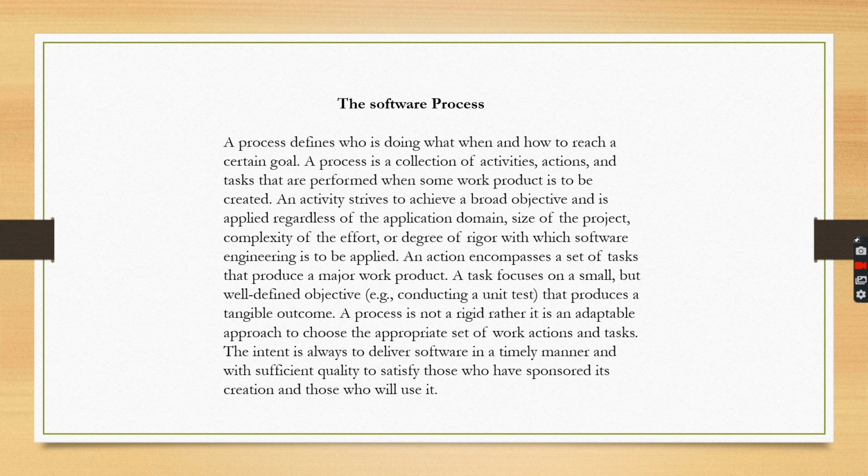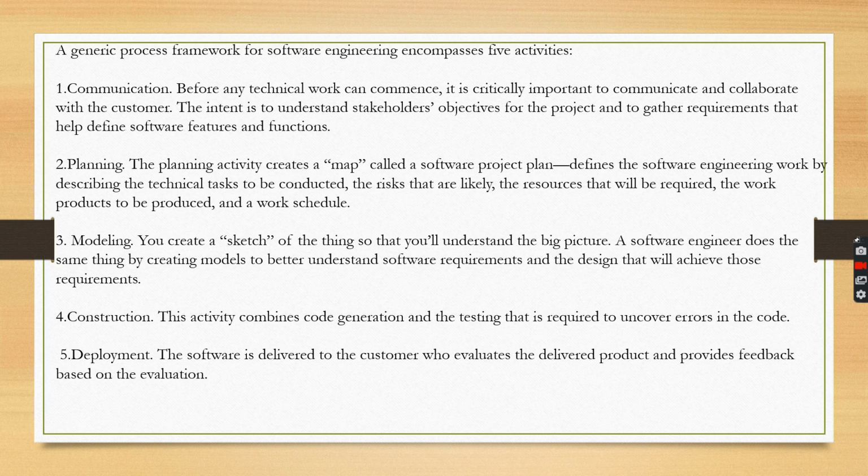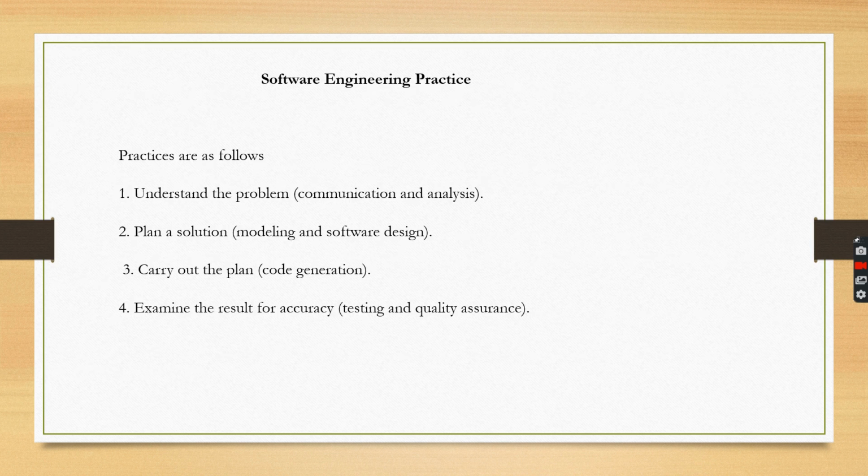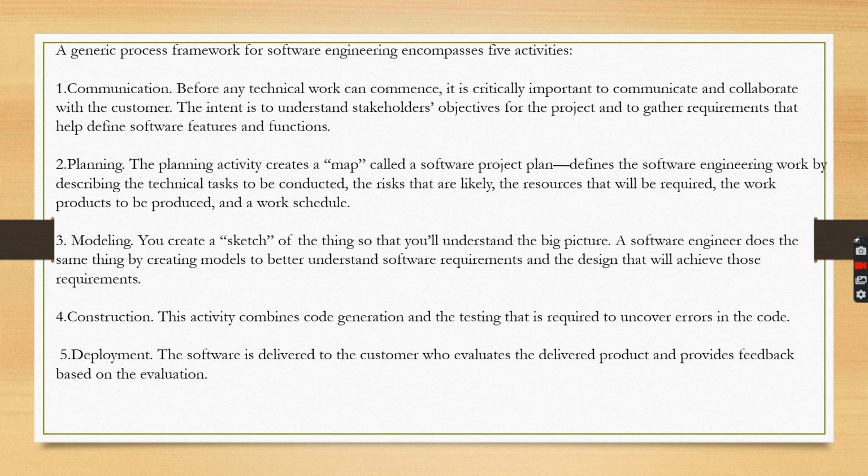The intent is always to deliver software in a timely manner and with sufficient quality to satisfy all those users who sponsored its creation and also those who will use it in the near future. A generic process framework includes communication, planning, modeling, construction, and deployment.